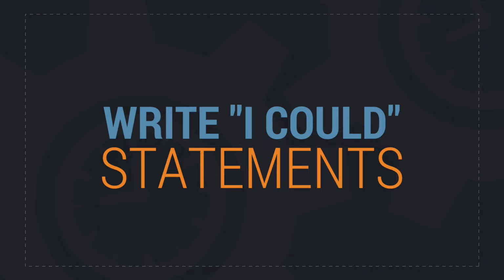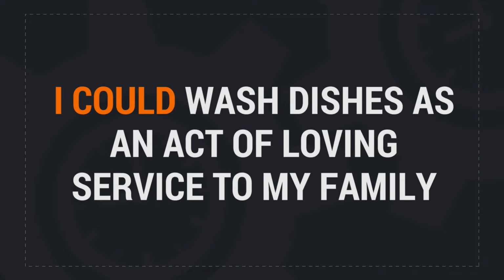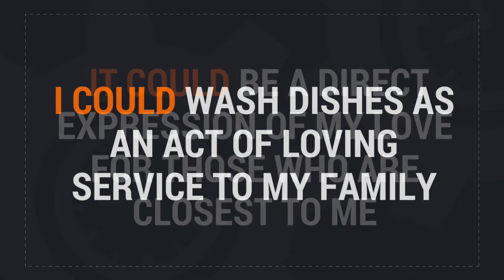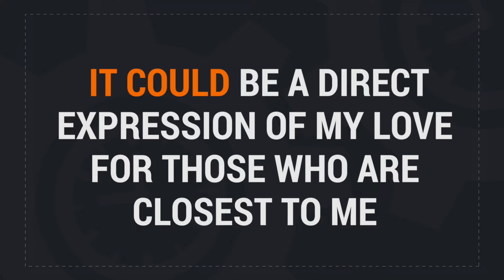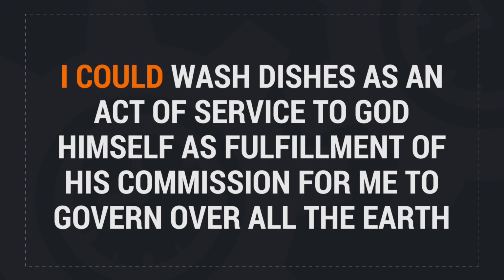I could wash dishes as an act of loving service to my family. It could be a direct expression of my love for those who are closest to me. I could wash dishes as an act of service to God himself and as a fulfillment of his cultural commission to govern over water and soap and cups and plates. Think about that. What could you do?